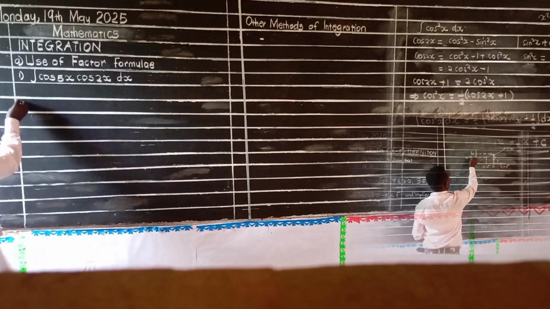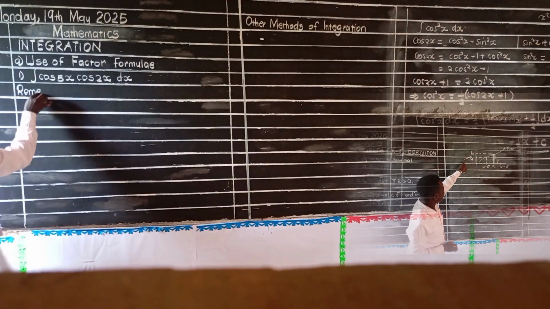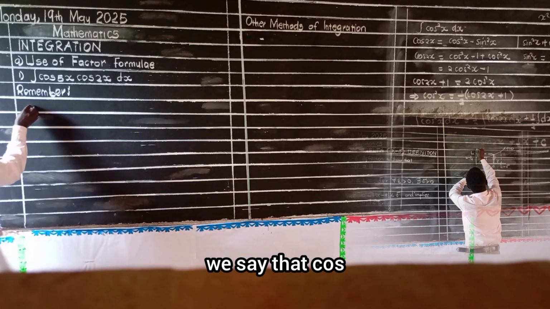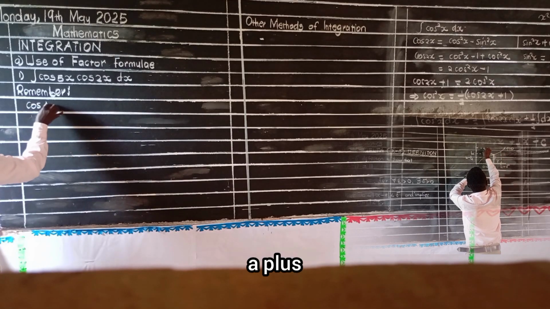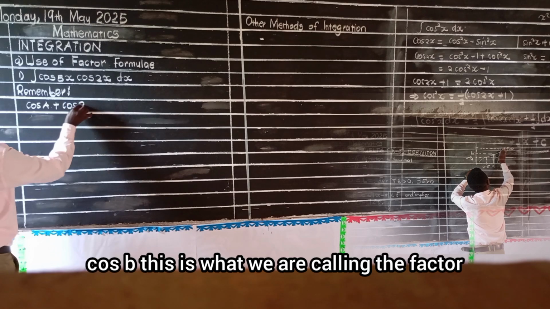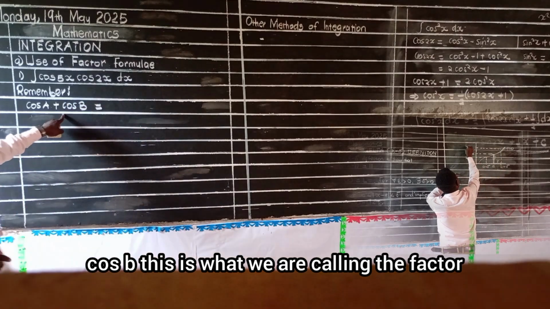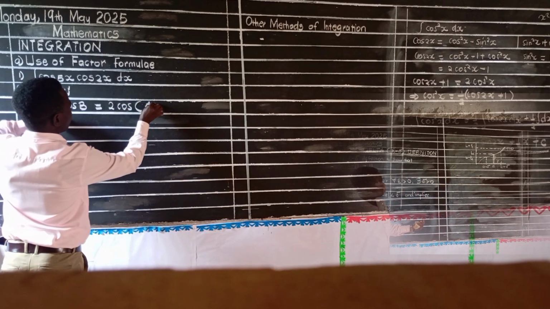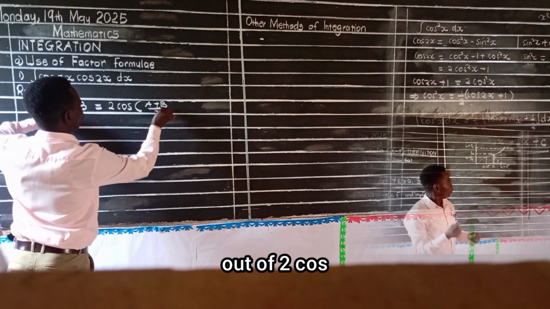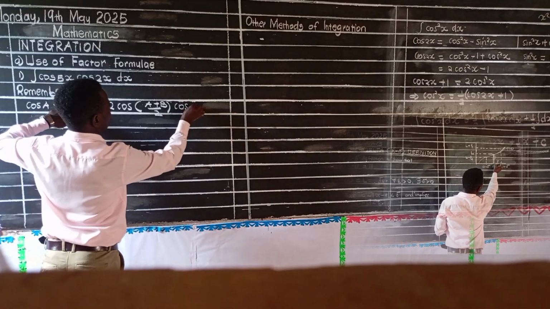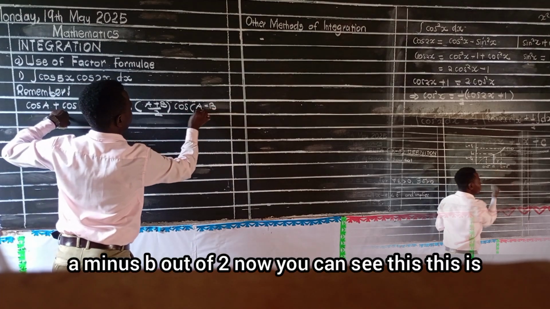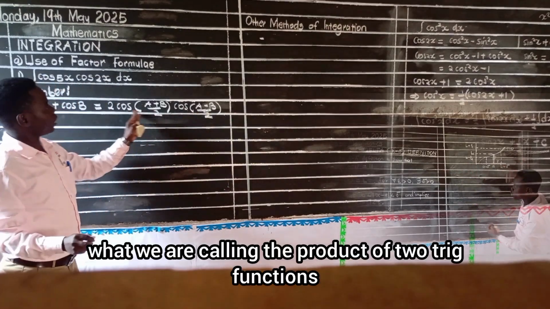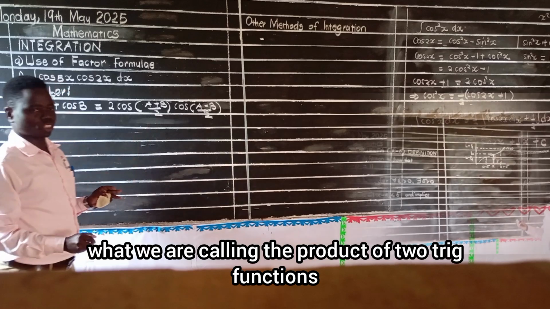Remember, we say that cos A plus cos B, this is what we are calling the factor formula, is the same as 2 cos of (A plus B) over 2 times cos of (A minus B) over 2, what we're calling the product of two trig functions.